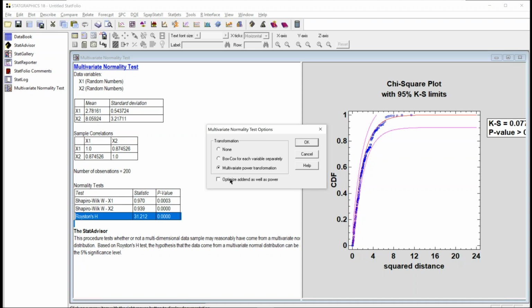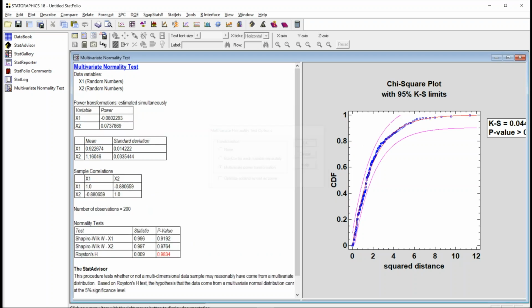Now I can also tell it that I'd like to try adding something to each of the variables, X1 and X2, which I'd have to do if, for example, I had some zeros in my data set, because it's going to try power transformations that require positive data. Once you do that, it'll go ahead and estimate what the best transformation is for each of the variables.